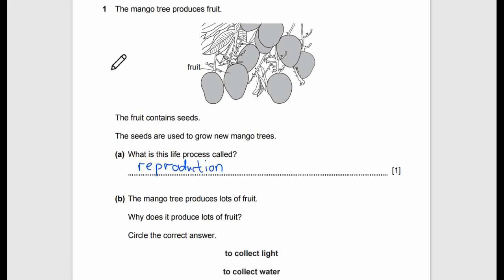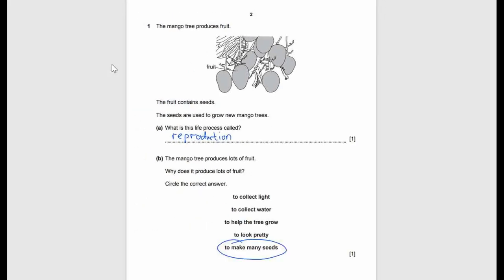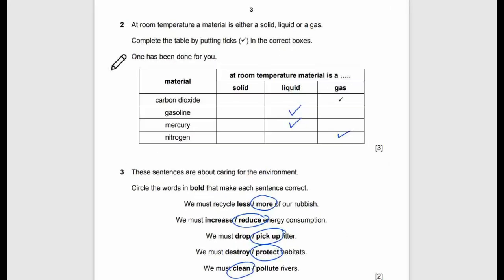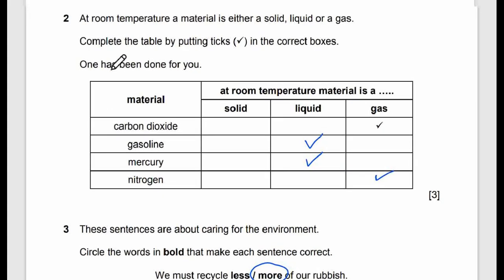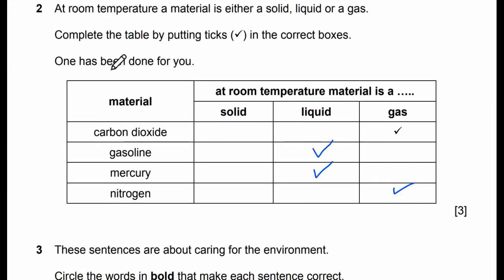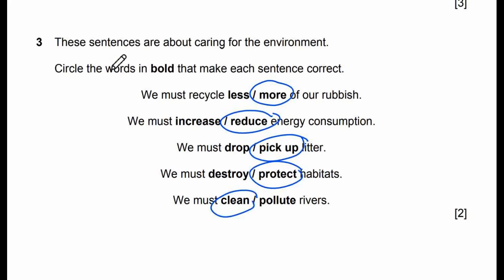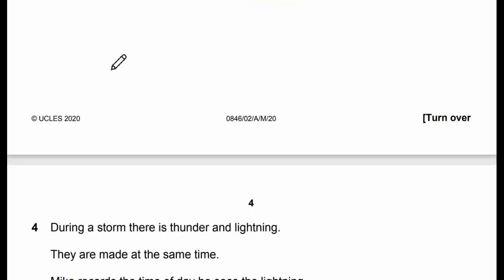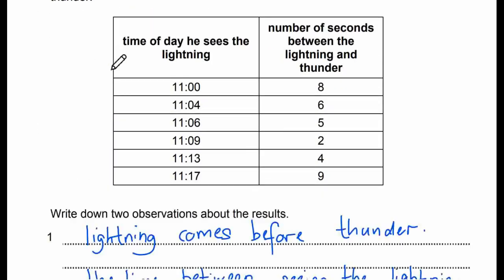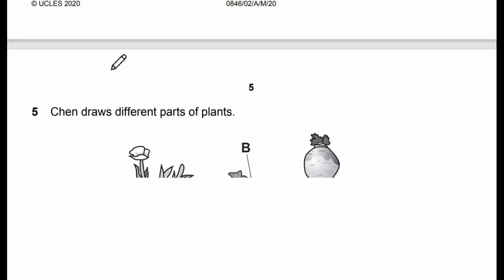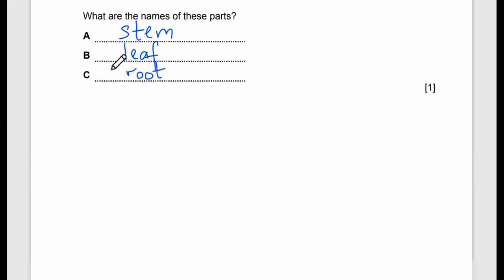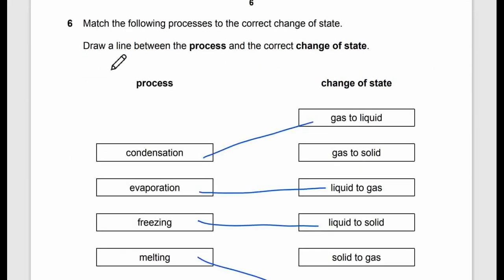So this is number 1. I scroll from number 1, so you may take a screenshot of the MarkScheme. This is number 1, and this is number 2. This is number 3, and this is number 4 MarkScheme, and this is number 5 MarkScheme, and this is number 6 MarkScheme.